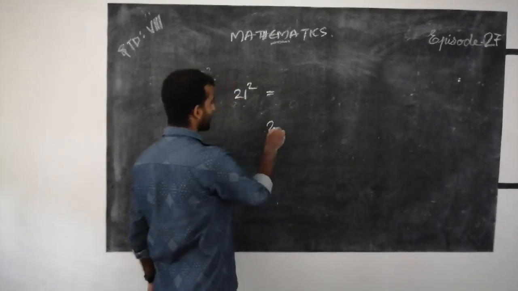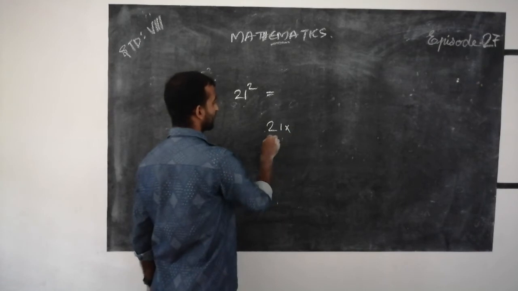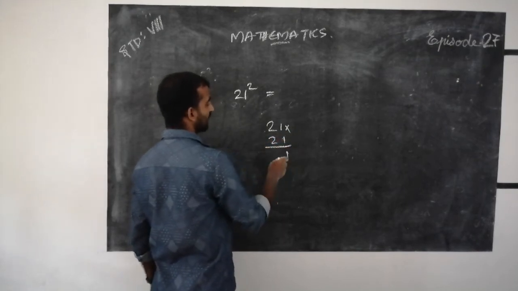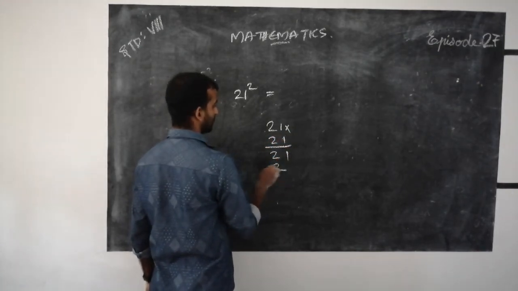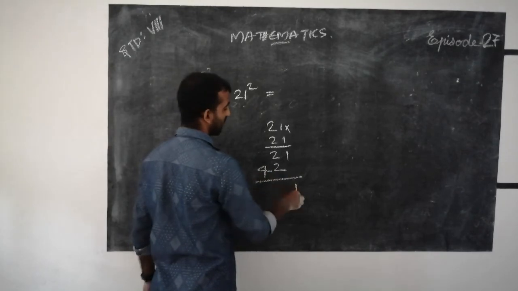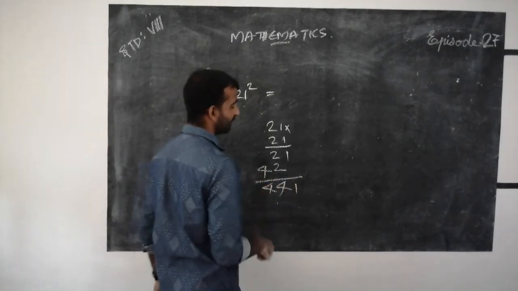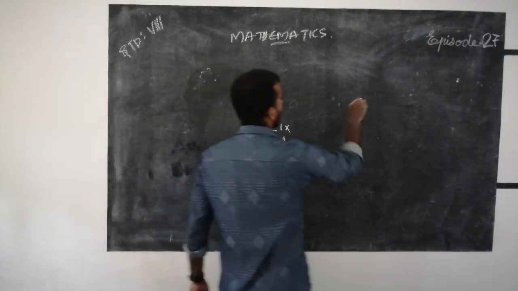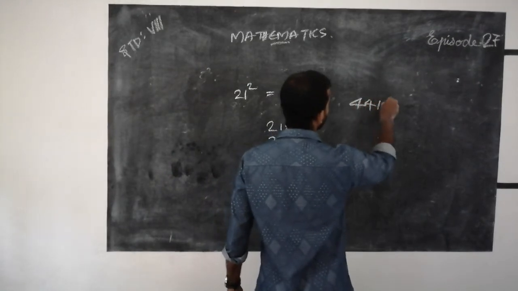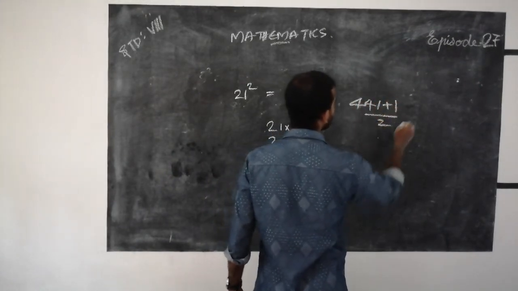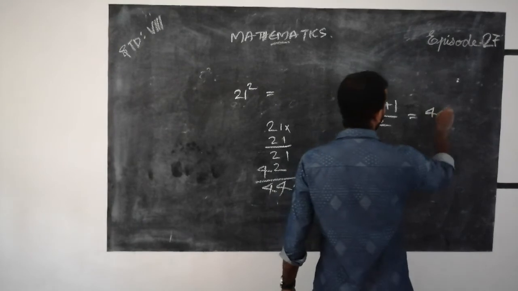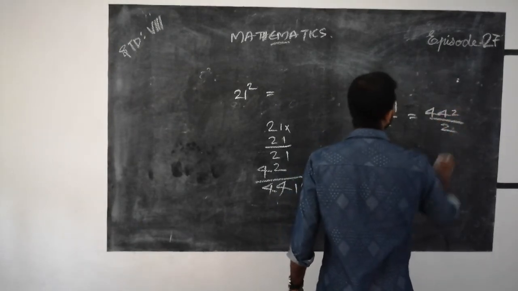That is 21 square means 21 into 21. We get 441. That is 441 plus 1 by 2. We get 442 by 2.